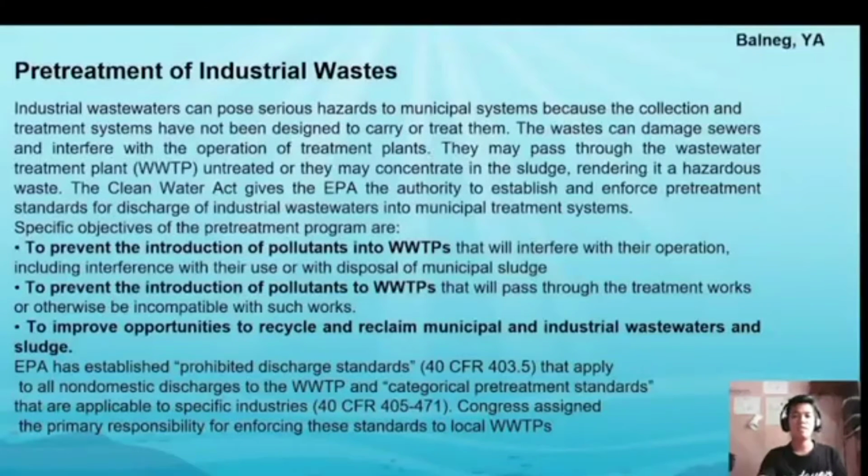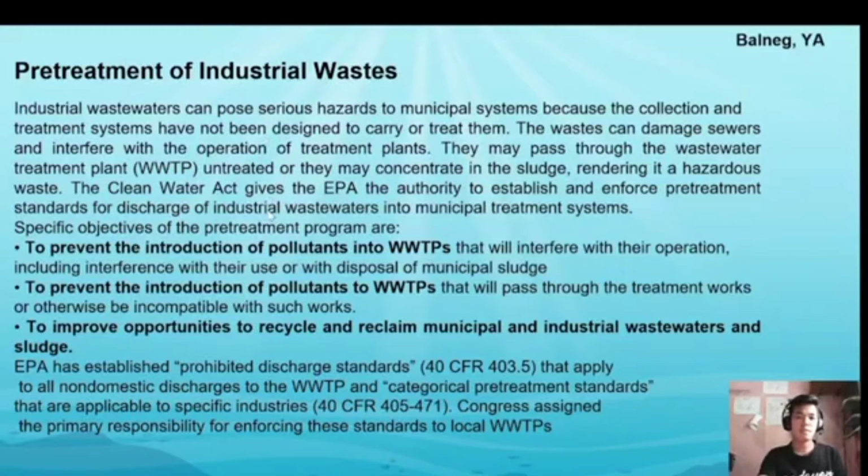So, pretreatment of industrial waste. Industrial waste is the waste that comes from industrial places or industrial production. Examples of these are the companies or structures that manufacture products.